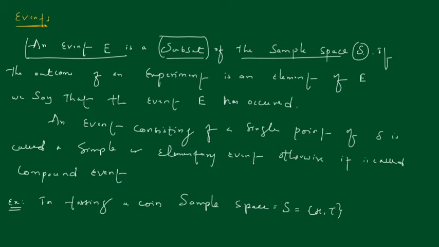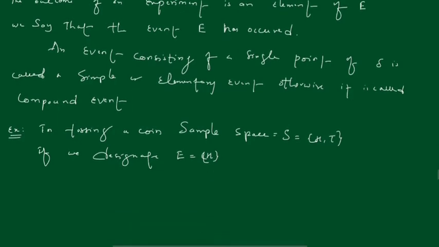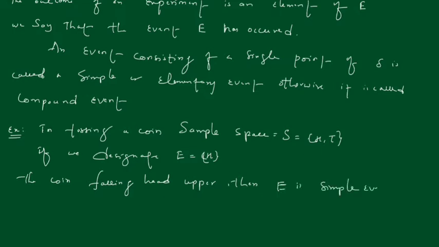So if we designate E equals to {H}, that is the coin falling head upper, then E is what? It is a simple event as it contains a single point.